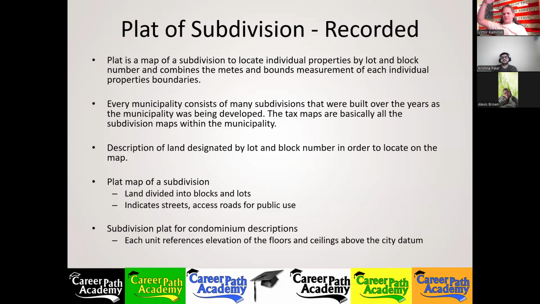There's heights where the first story begins at a certain elevation, and then the ceiling elevation is where that unit ends. And then there'll be another height where the one above it begins and ends. So what do we call that measurement of elevation? It's called the datum.